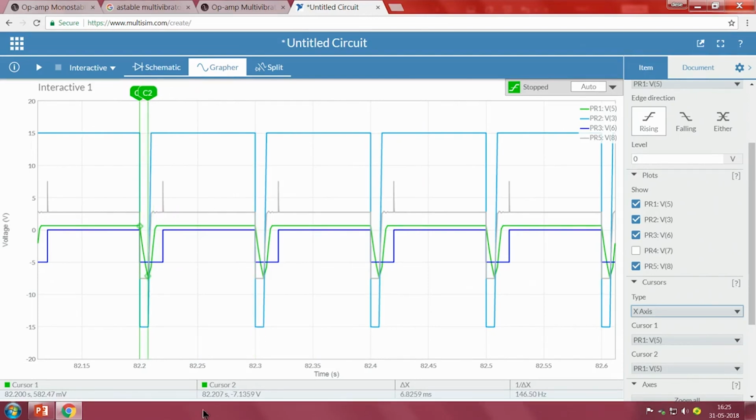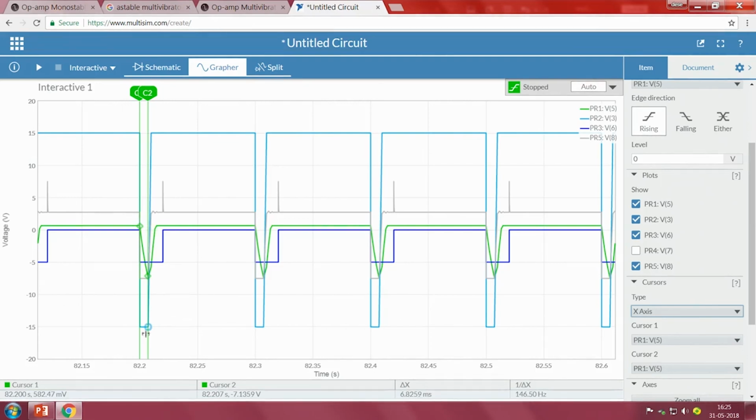The value is somewhere around 7.5, somewhere nearby. So the on time is somewhere around 6.8259 milliseconds, right.